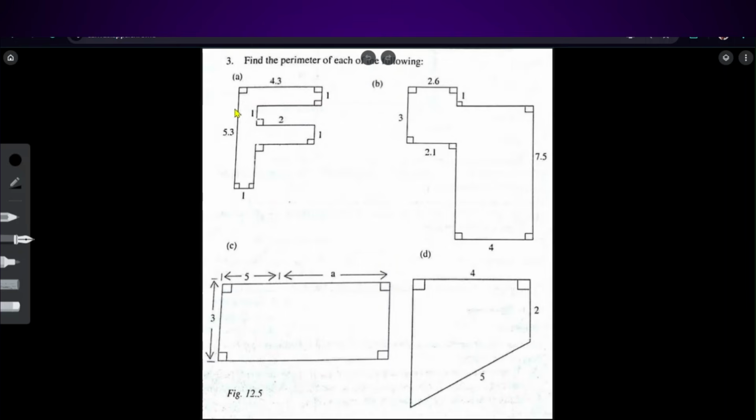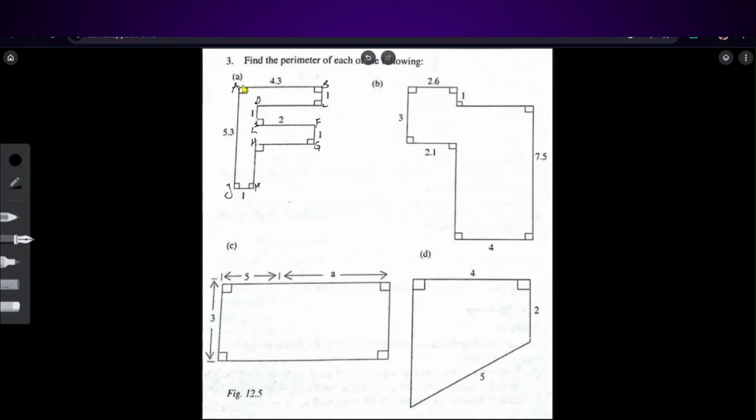So if I say that this one is point A, I call this one point B, this one C, this one D, here it is E, here it is F, G, H, I, and J. If I want to get the perimeter of this figure, I just begin from one point.